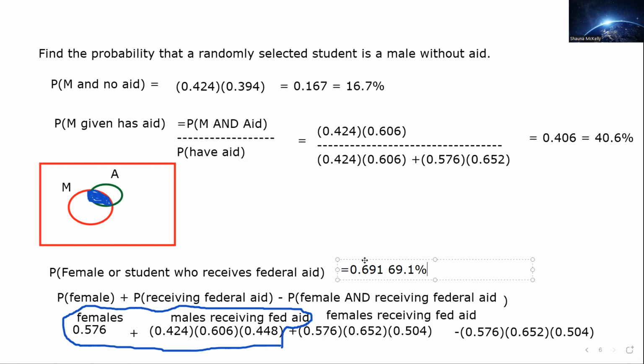Okay. And that's how we use tree diagrams when we want to calculate conditional probabilities, when we want to use it to do sample spaces. And so I hope that's helped a little bit.